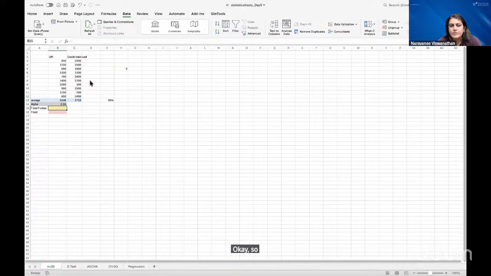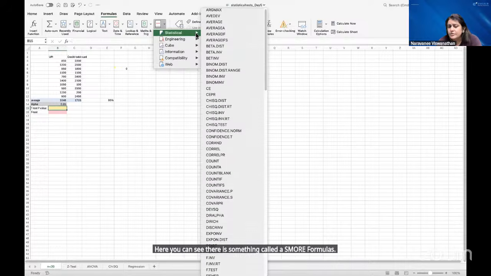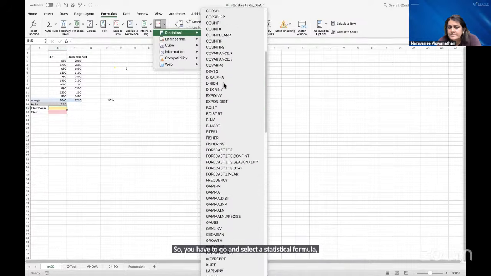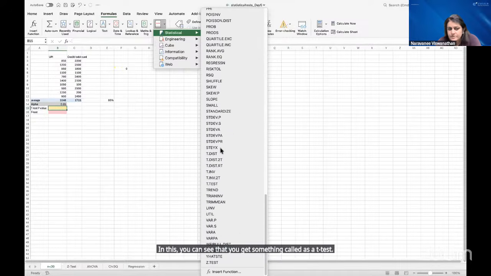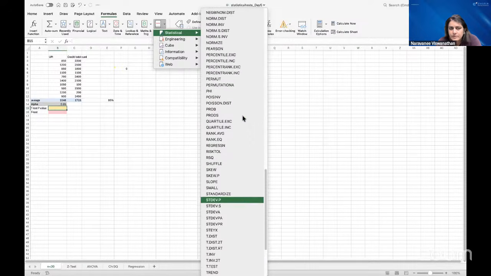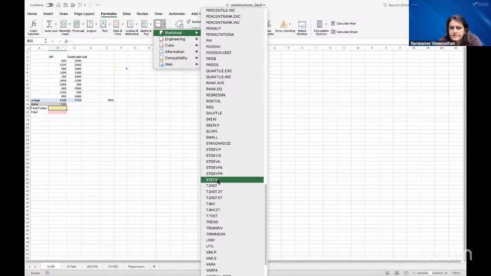Okay. So how will we do this? We can go to formulas. Here you can see there is something called more formulas. You have to go and select the statistical formulas. In this, you can see that you get something called a t-test. Okay, so let's go down. You can see t-test, right?